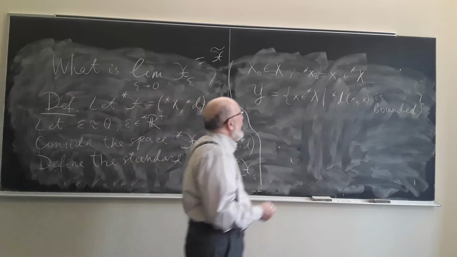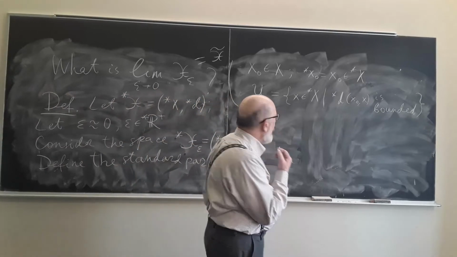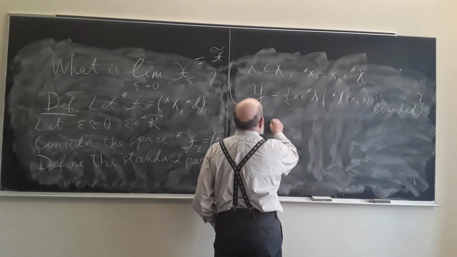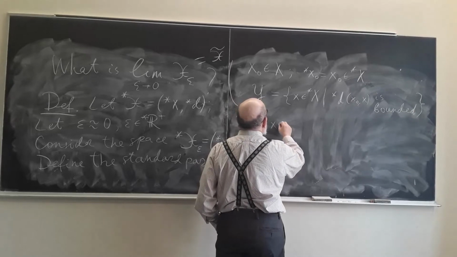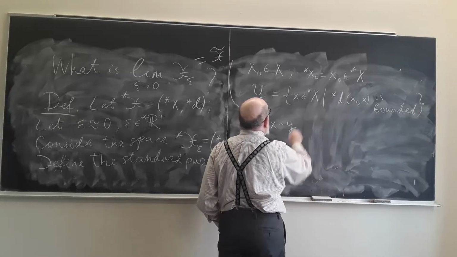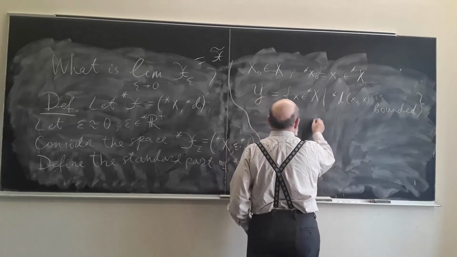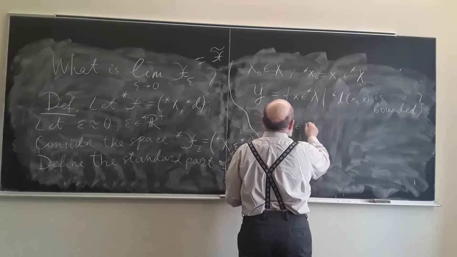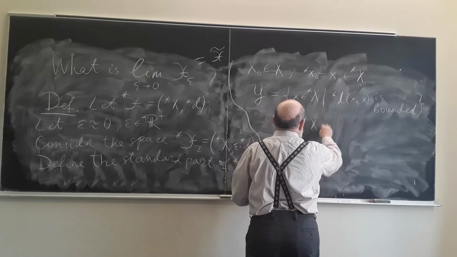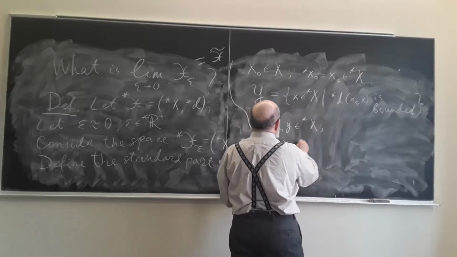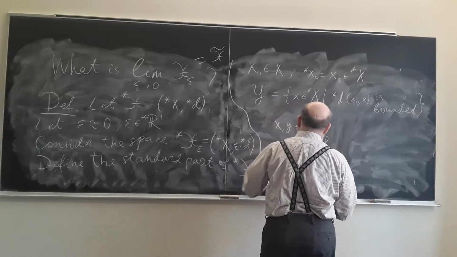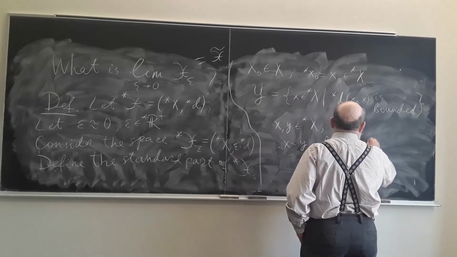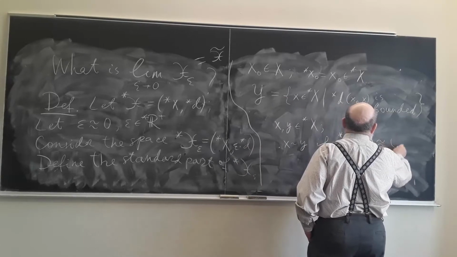Now I define the following relation. We say that x is equivalent to y. If you take x, y in star x, x is equivalent to y if star d of xy is infinitesimally small.